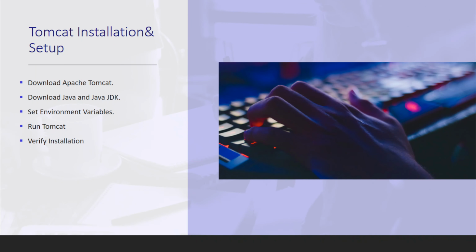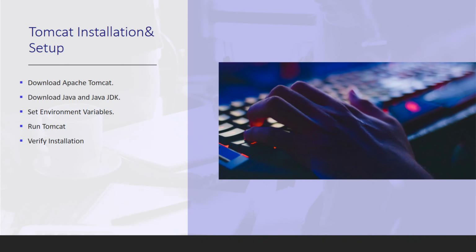If you are going to install Apache Tomcat 11.0, then you must install the supported Java version 21 and later. This is the Java JDK version. For Apache Tomcat 10.1, as you can see here, the required and supported version is Java 11 and later.